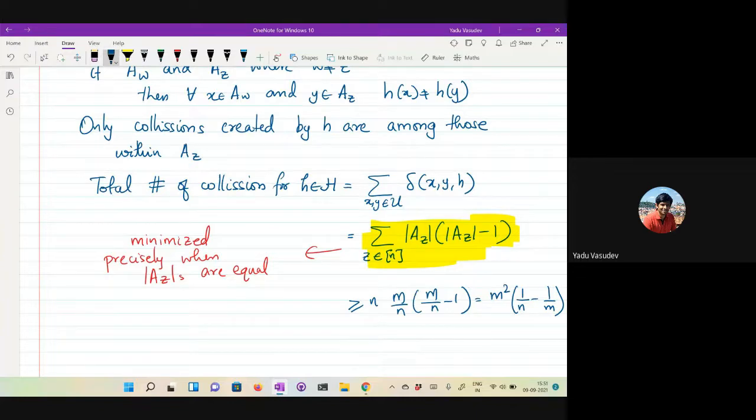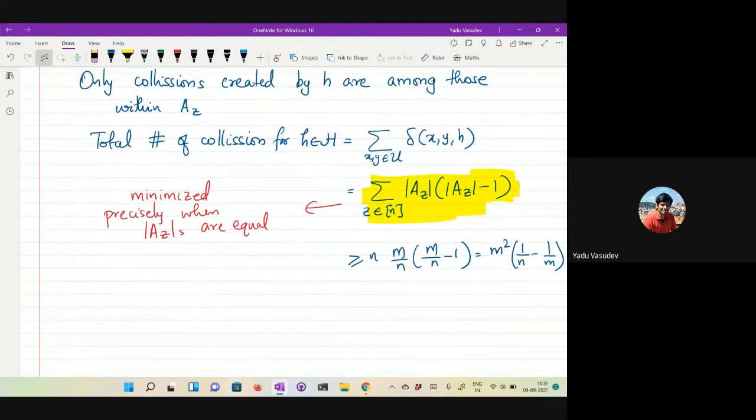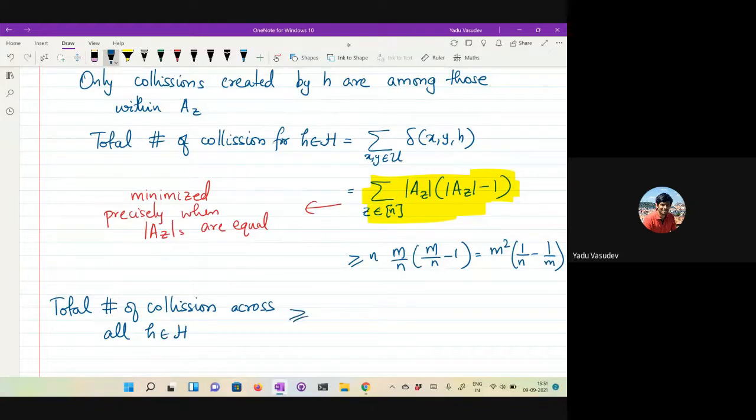Now if you look at the total number of collisions across all functions h in H, this must be at least cardinality of H times m squared times 1 over n minus 1 over m. So you look at collisions for a particular h, sum it over all functions h, and the total number of collisions must be at least so much.